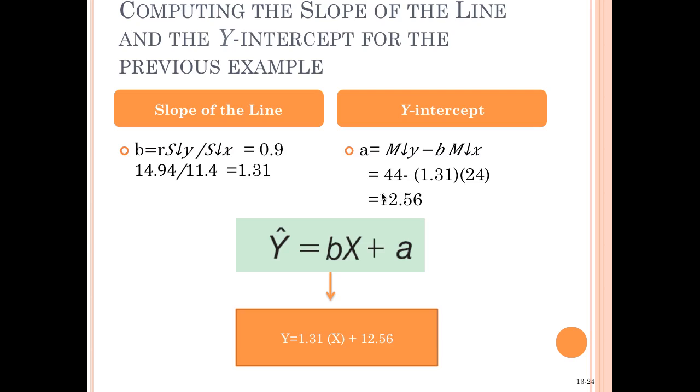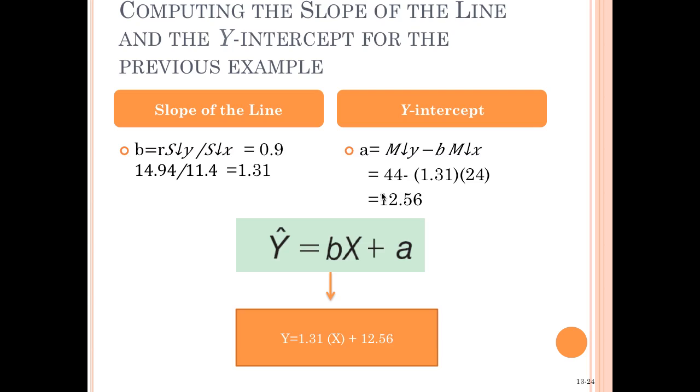So you just plug in numbers, and we had the standard deviation of Y as 14.94 divided by the standard deviation of X, which is 11.4, and multiply that by your correlation of 0.9, and that gives you a slope of 1.31.